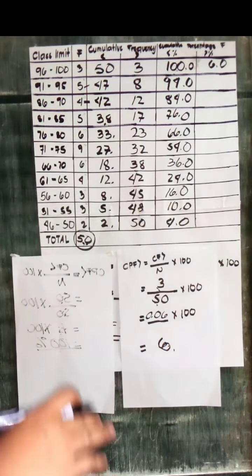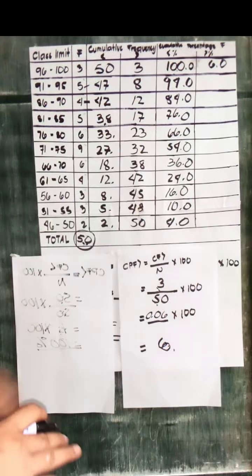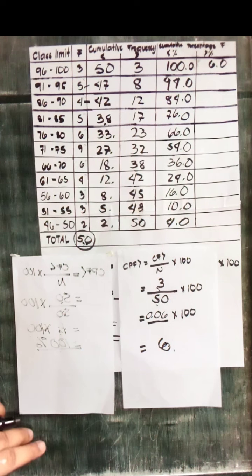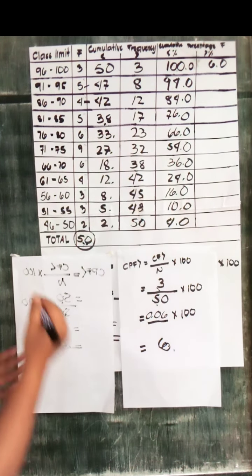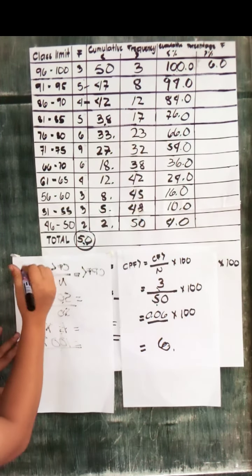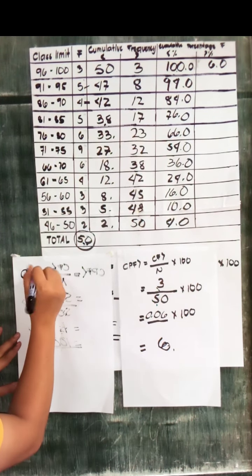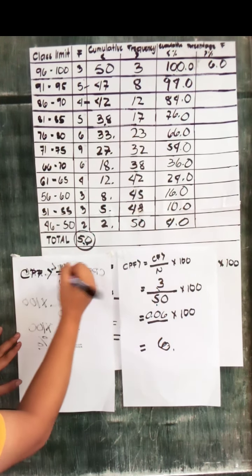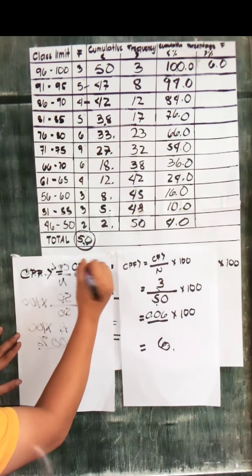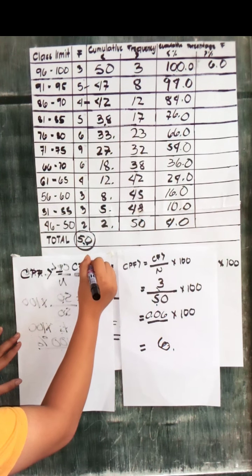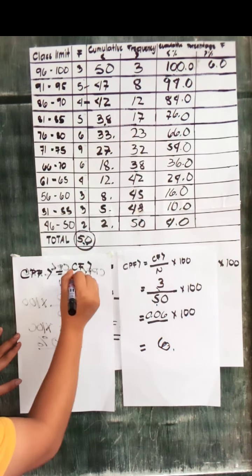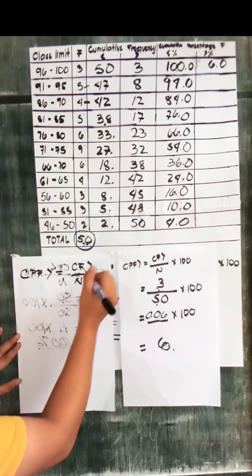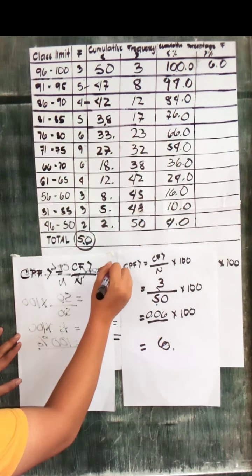Now we will find the second row of the cumulative percentage frequency greater than. So, this is the formula again: CPF greater than over CF greater than over the number of cases times 100.